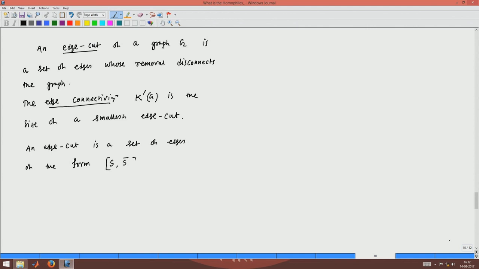So, I will explain this one, where S is a non-empty proper subset of V, and of course, S complement is V minus S. So, let me again consider the complete graph with 4 vertices.